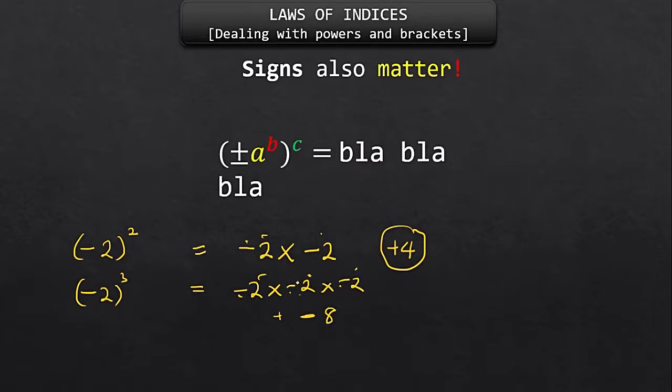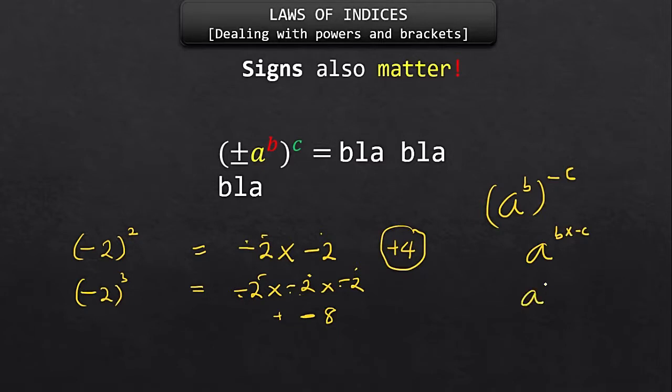So you need to make sure that you are dealing with the signs very well, so that you don't confuse your answers. And also when we have a raised to power b and then raised to power minus c, the powers will multiply, so it will be a raised to power b times minus c.